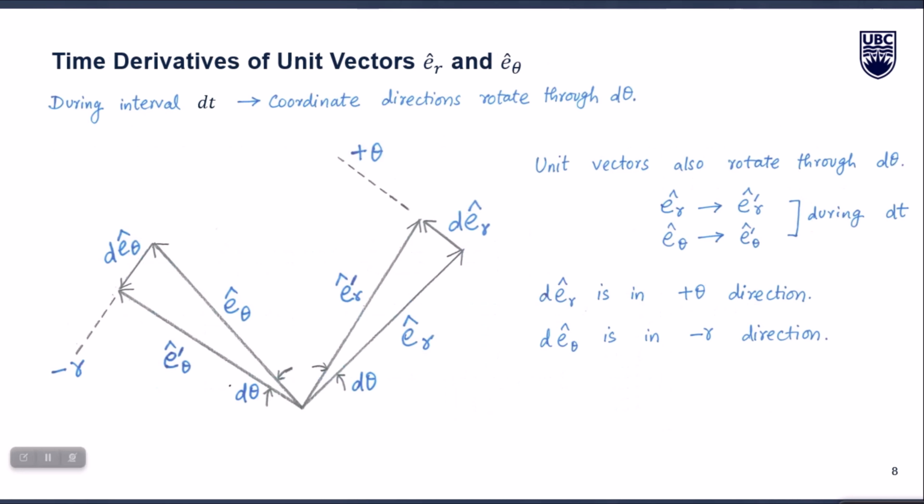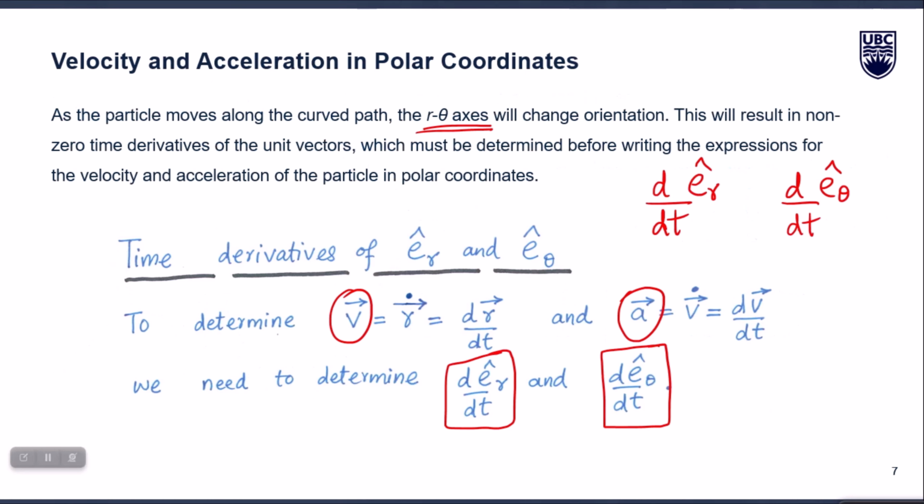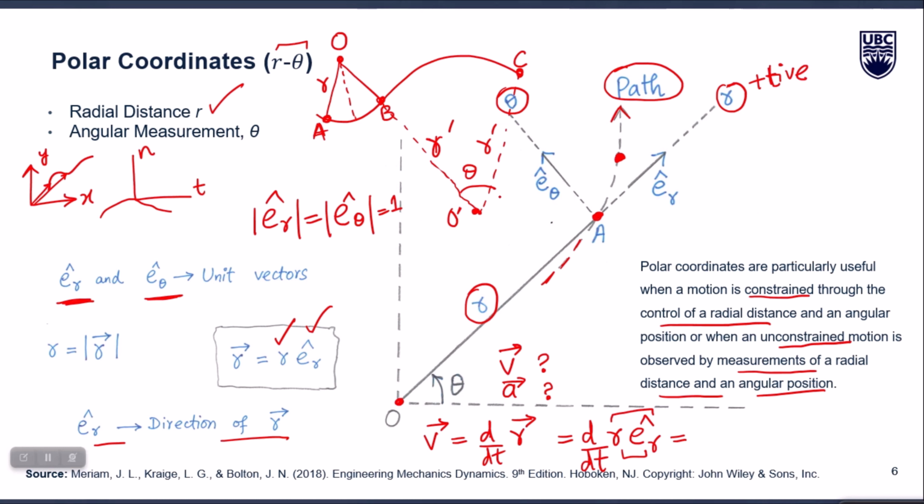So let's look back again at this figure. At any particular time instant, if the unit vector in the r direction is represented by E sub r, then at the next time instant the direction of E sub r for that point will be changing, right?